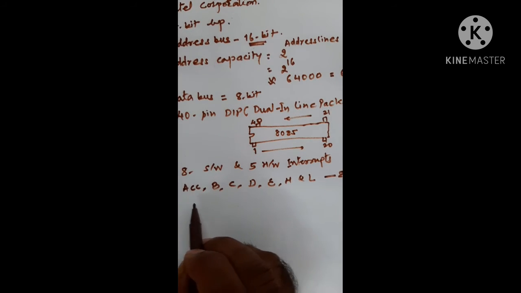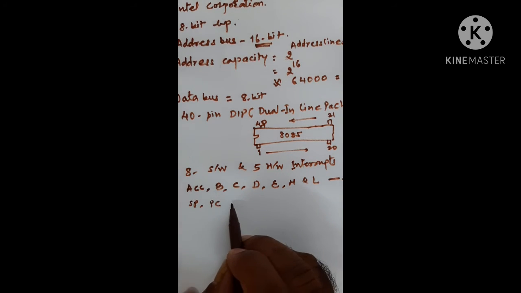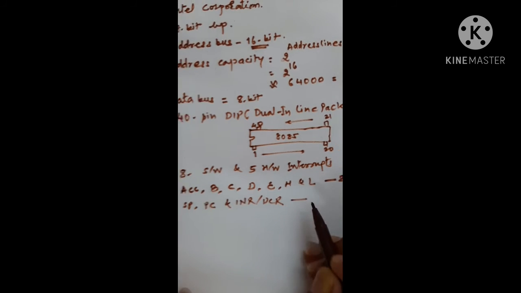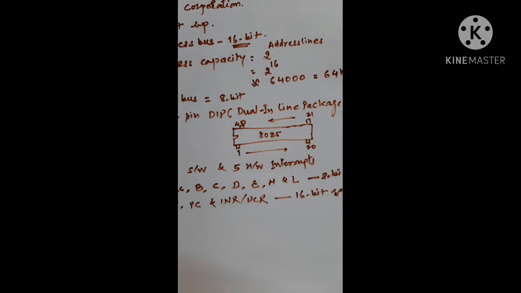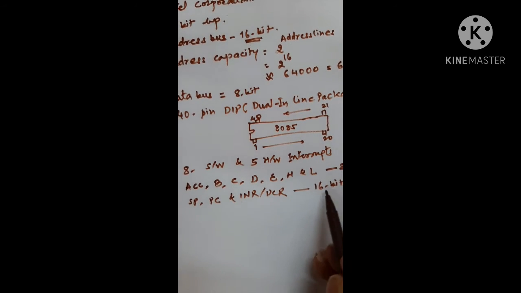While SP, full form stack pointer, PC, program counter, and incrementer, decrementer, address latch, these are 16-bit registers. Registers are required to process the information. These 8-bit registers are A, B, C, D, E, H and L, while SP, PC, incrementer, decrementer are 16-bit.